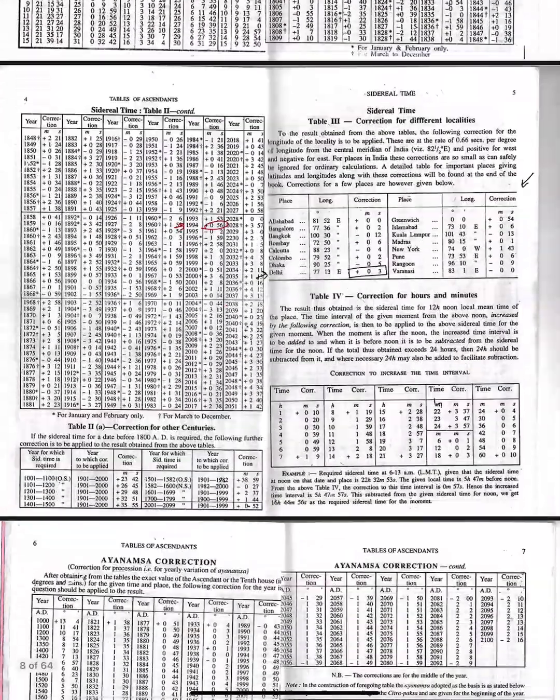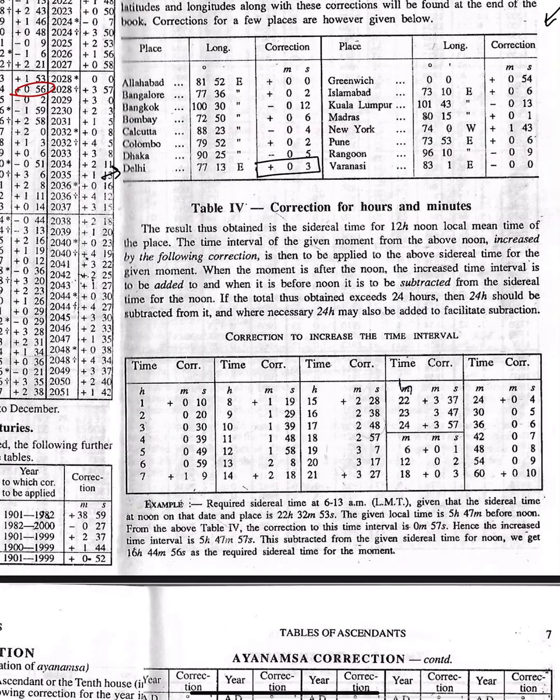So here we have correction for hours and minutes. Only hours and minutes, we don't have it for seconds. It's for hours, and this is for minutes. So we'll just stick to 2 hours and 28 minutes. For 2 hours, we have plus 20 seconds. Remember to see the sign. And for 28 minutes, we really don't have 28 minutes, but between the two, 28 minutes is closer to 30 minutes. So we will take plus 0.5 seconds.